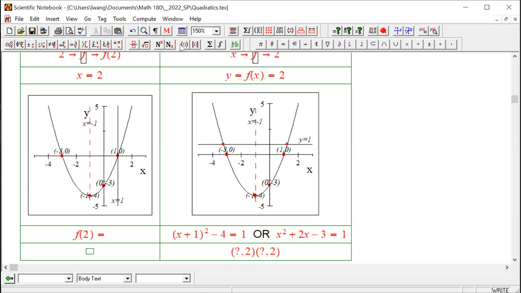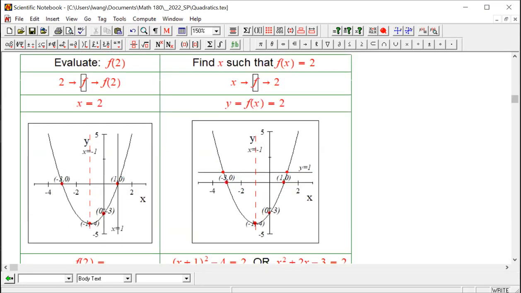This answer is going to be 2 comma something, question mark, and over here is going to be 2. I want you to take your time to draw the picture, maybe pause the video, and then come back. Actually, I'm going to pause it, and of course I'll come back.